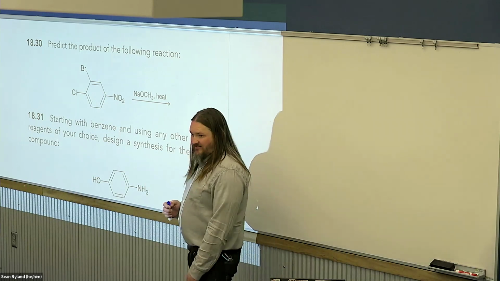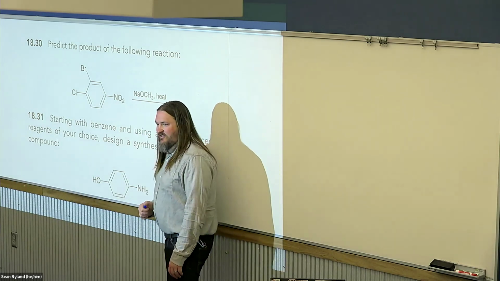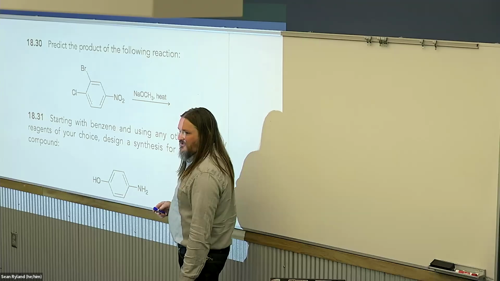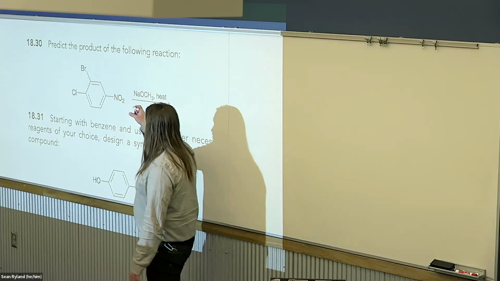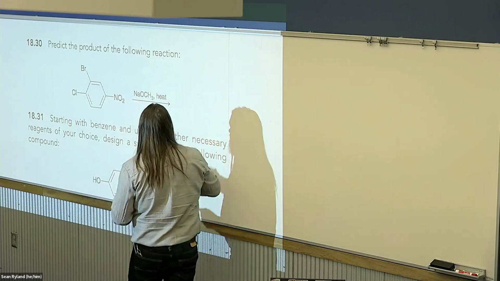Well, it's not gonna be an alcohol, because our nucleophile is a methoxy. So we're gonna add a methoxy group where the chlorine is, and the bromine stays untouched.